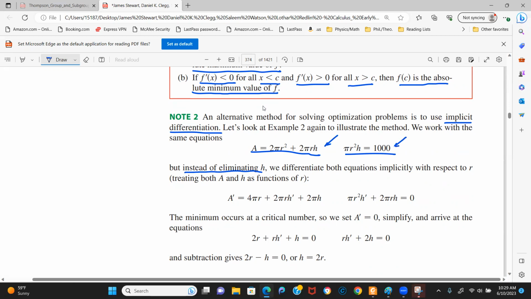You differentiate both of these implicitly. The minimum occurs at a critical number only, so we set it equal to 0 and simplify. Oh, so it's just like solving an equation almost. That's interesting. I'll let you read through that on your own if you want.